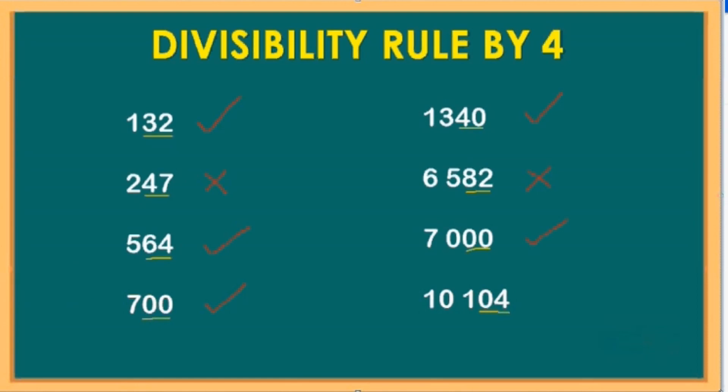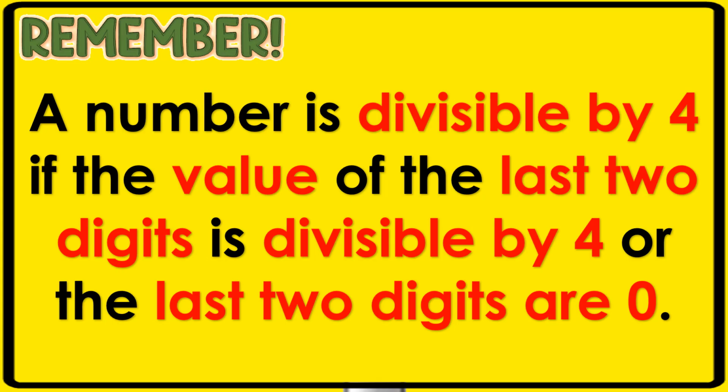It is divisible by 4, obviously. So 10,104 is divisible by 4. Remember, a number is divisible by 4 if the value of the last two digits is divisible by 4, or the last two digits are 0.